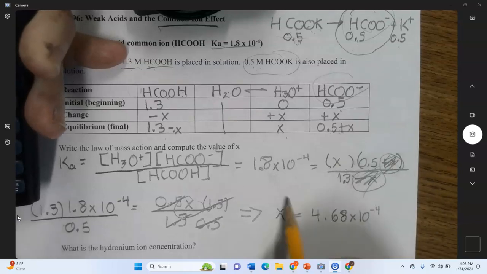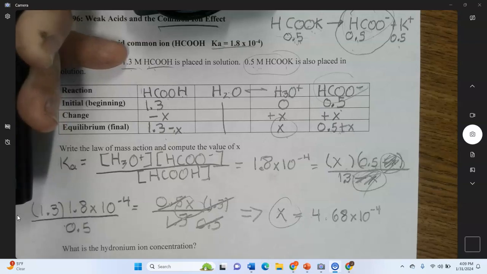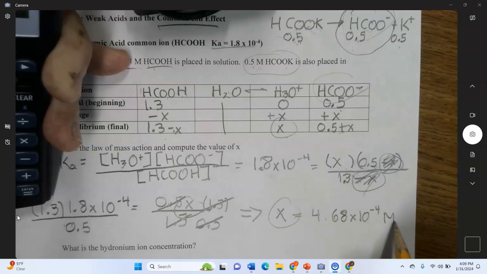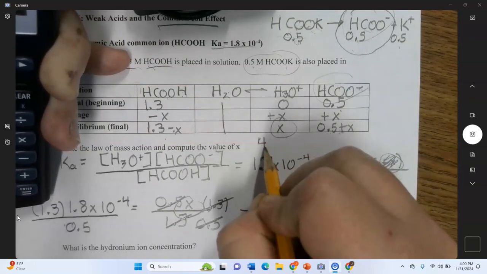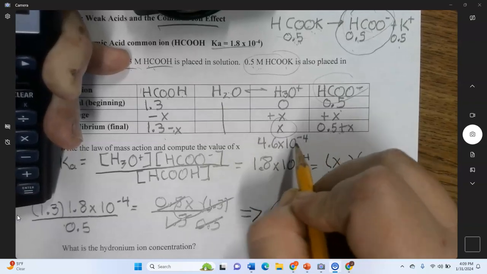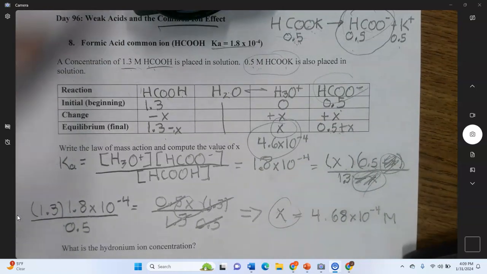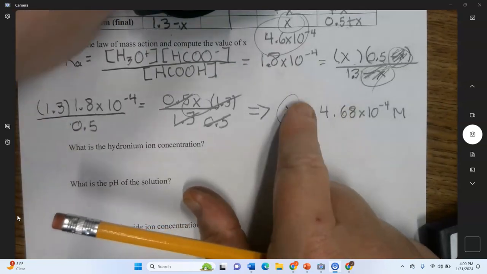Okay, and that x is the value of our x, of our hydronium ion. It is the answer that we're looking for, the concentration of hydronium. So it's a molarity. So I'll write it right here. Okay, that's the value of the hydronium ion. So now I can come down here. It says, what's the hydronium ion concentration? That's it.